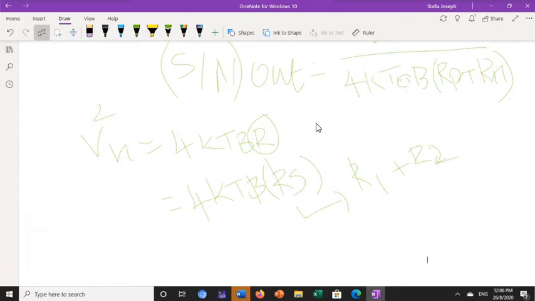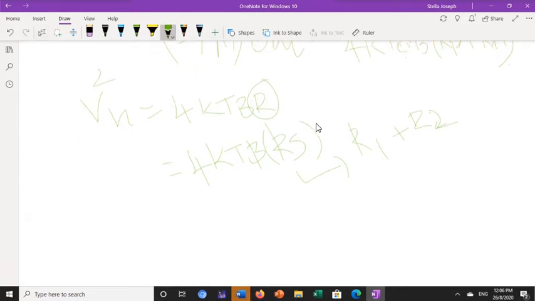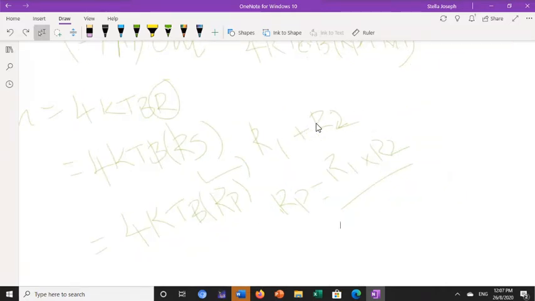If I'm using a parallel circuit, then I will be using 4KTB into Rp. So here Rp is equal to R1 into R2 divided by R1 plus R2.